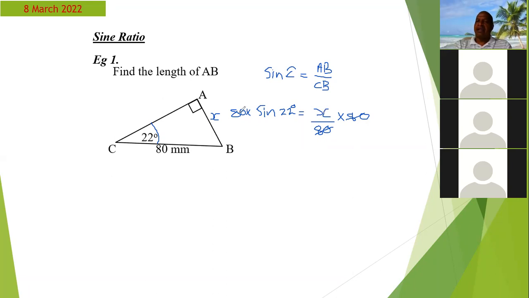So over here now we would have 80 times sine of 22, and this is where you're going to need to use your calculator to work out the sine of the angle 22.